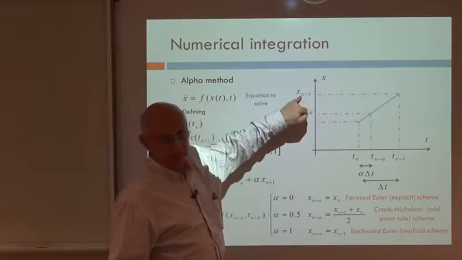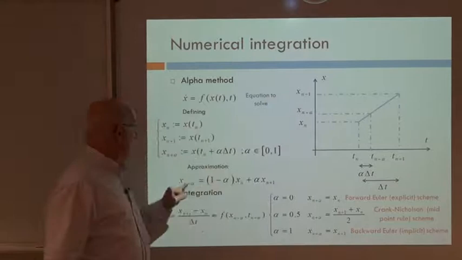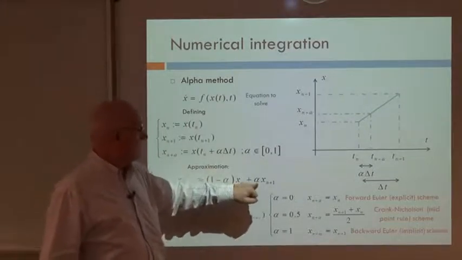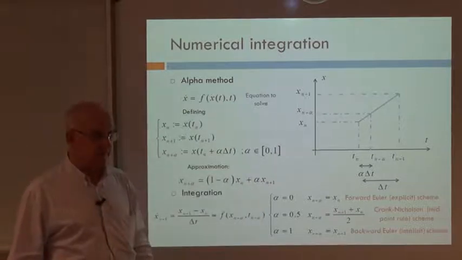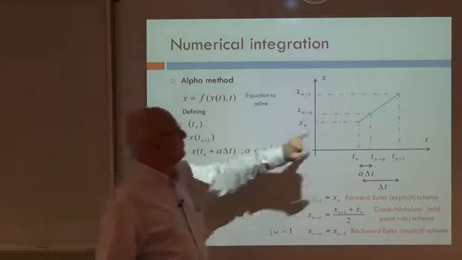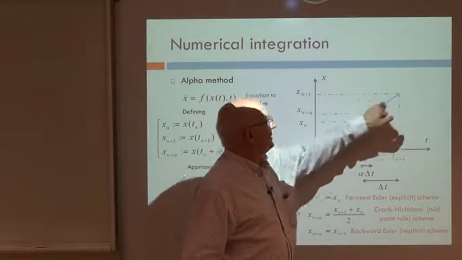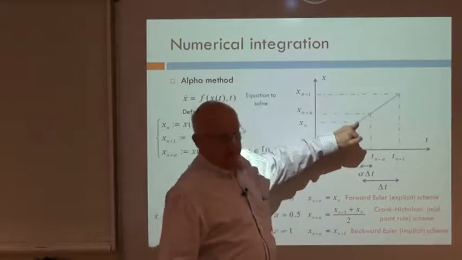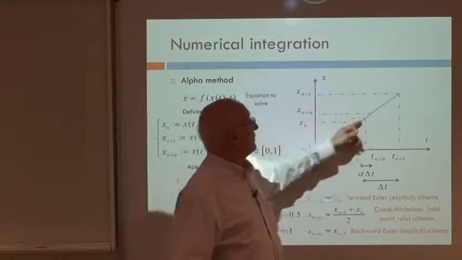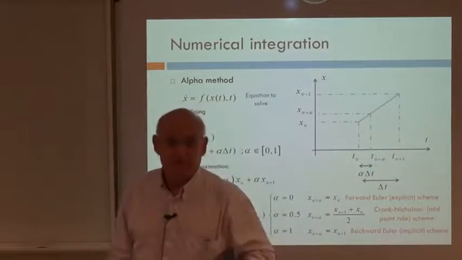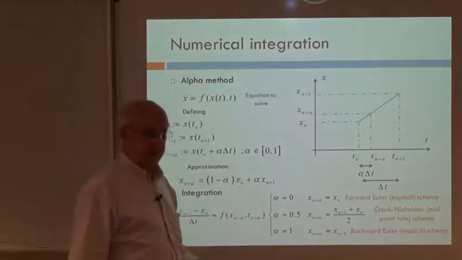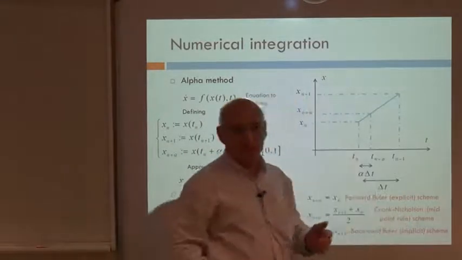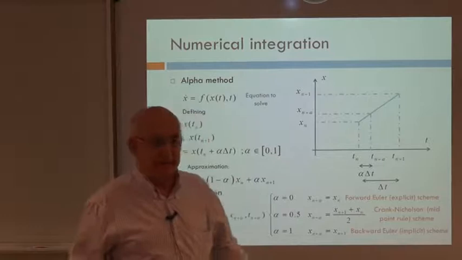We write xn plus alpha as 1 minus alpha times xn plus alpha times xn plus 1. Maybe the real solution is not a linear variation, but I'm assuming a linear variation, in the spirit that as the time step gets smaller, I approach the real value of the solution.